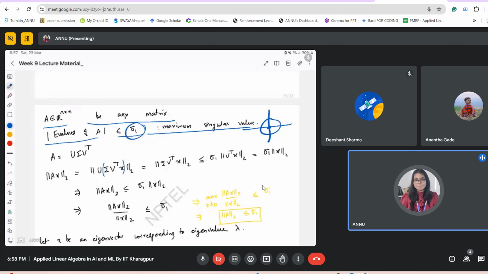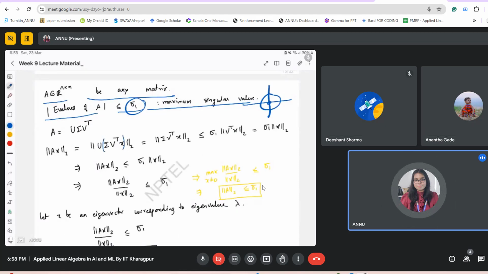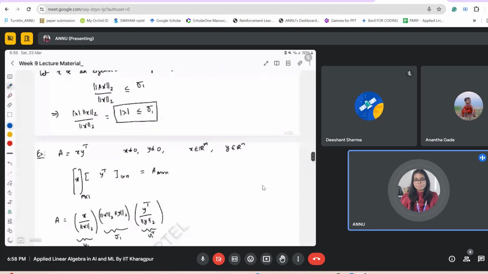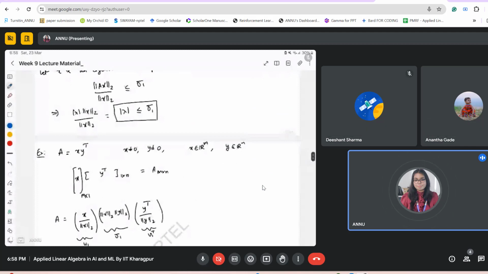Here x is the eigenvector corresponding to the eigenvalue lambda, where lambda should be less than or equal to sigma 1. Okay, I hope this is clear.